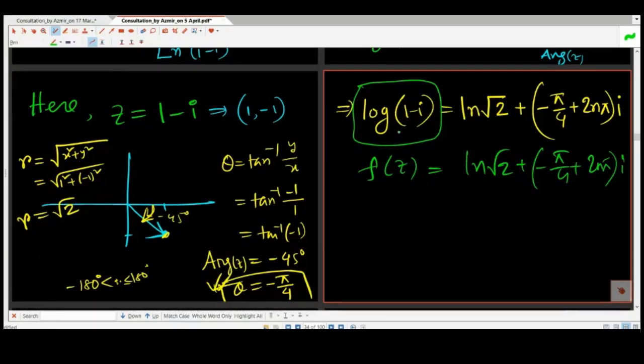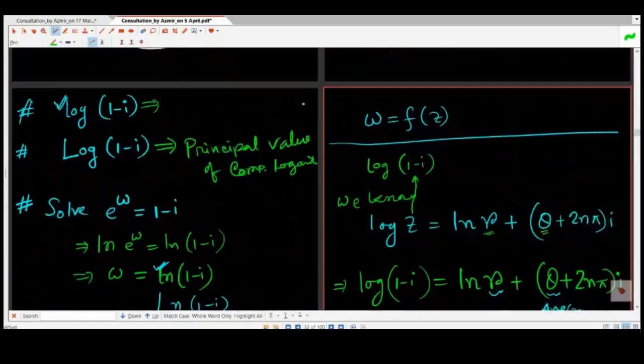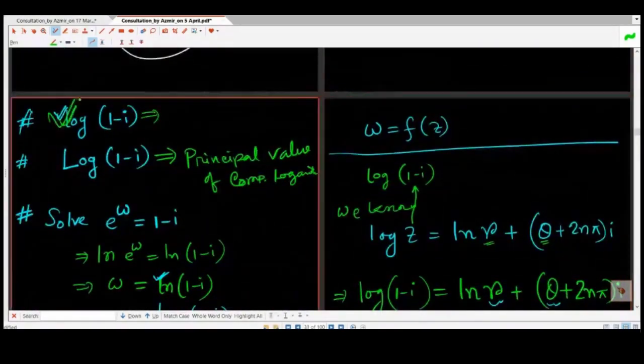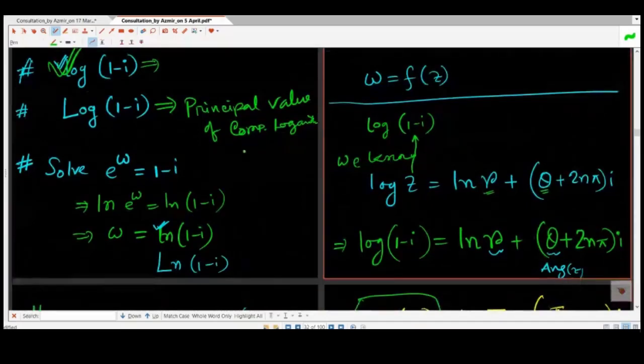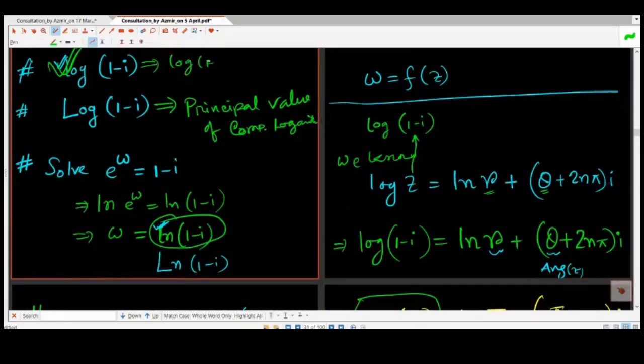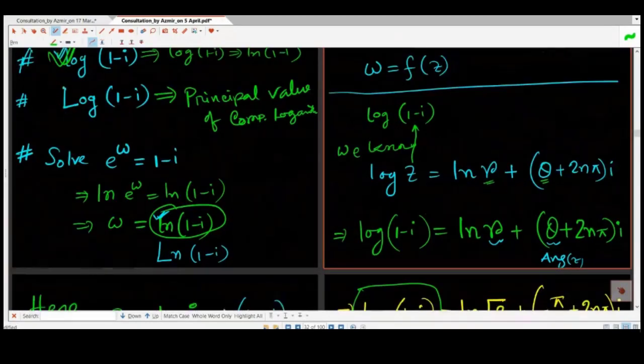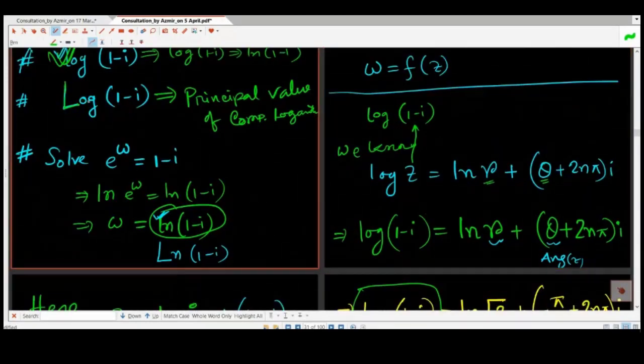We have found log of 1 minus i. That means this part is done. This part is also done, same meaning. Now our target is to find the principal value of this log. That means we need to find capital Log, and this is only possible if n equals 0.